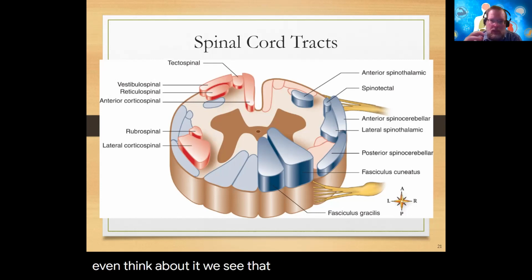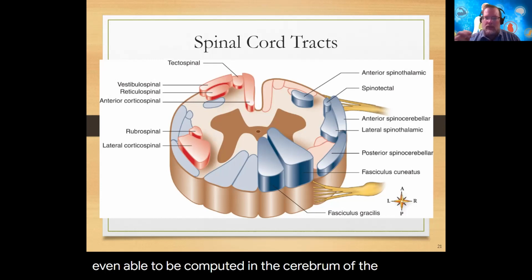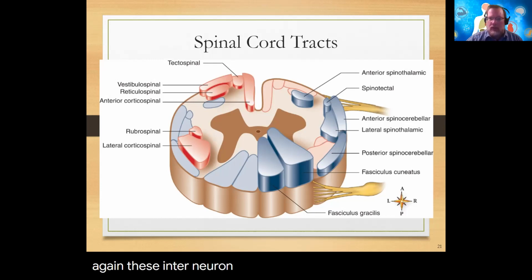We call this instinctual or reactions. We see this with athletes who are often able to sense and respond to stimuli before the message is even able to be computed in the cerebrum of the brain. So again, these interneurons allow for that.